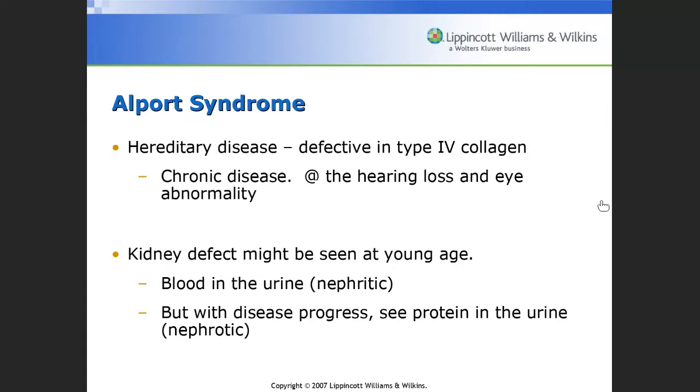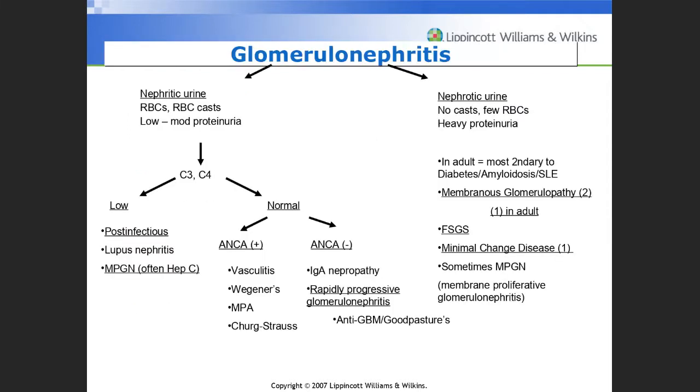You can put Alport syndrome here, or it could be here, depending on the age. But you know it's Alport because it's type 4 collagen that is defective, associated with hearing loss and vision impairment.